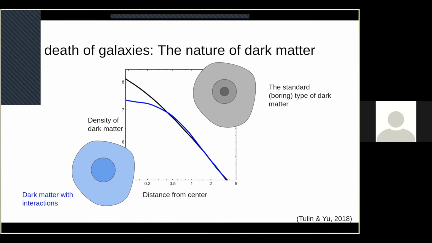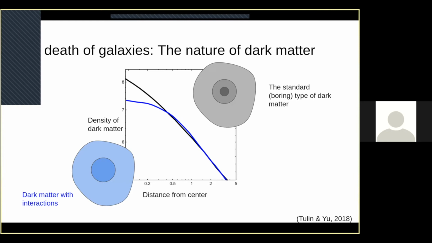So the most common theory of dark matter is that dark matter is some type of fundamental particle that's been there since the early universe that doesn't interact with itself. If you have two dark matter particles that are colliding towards one another, they'll just pass right on through. And we can sort of talk a bit about why that happens, but that's sort of the basic theory.